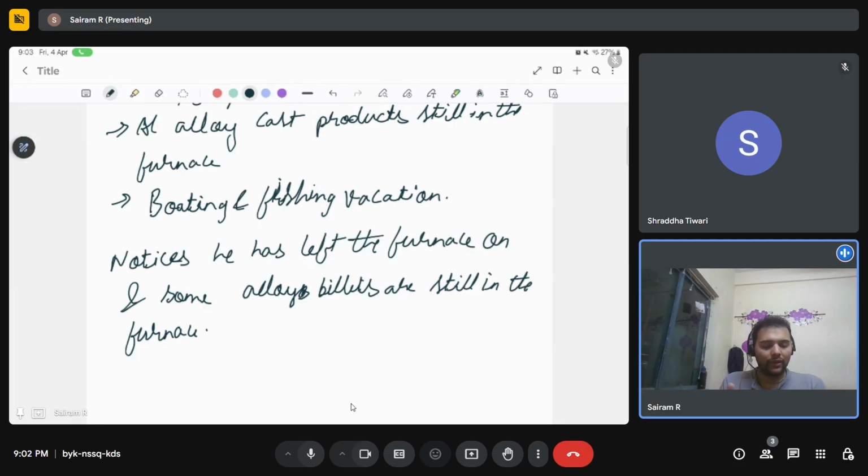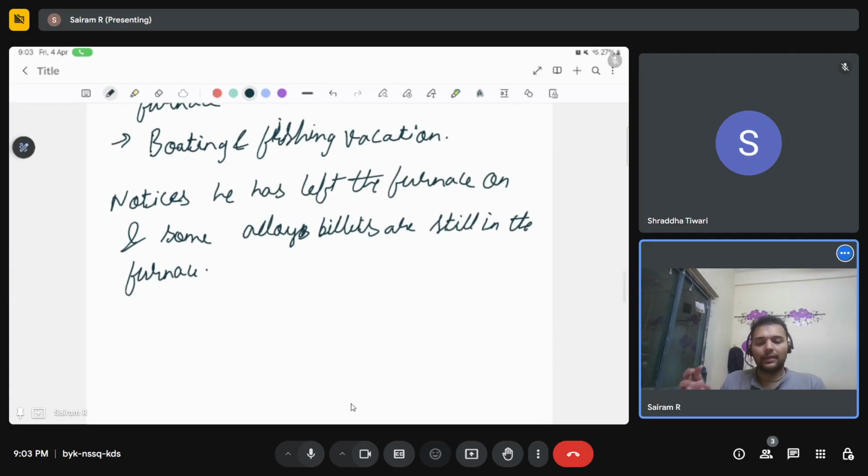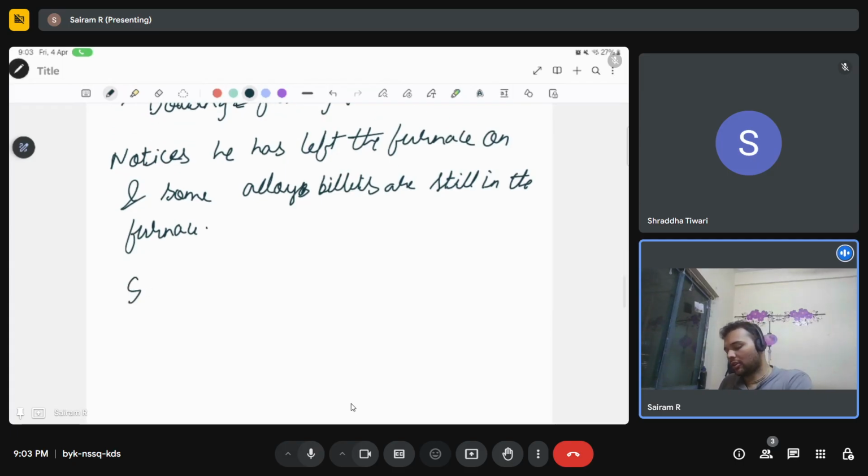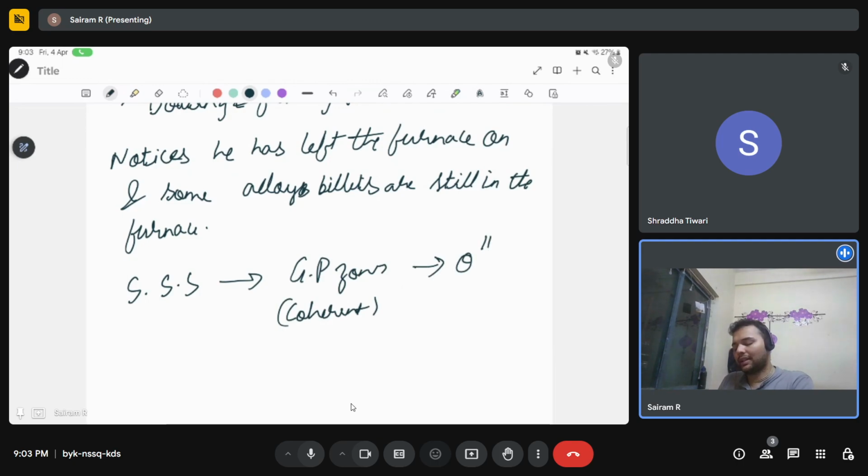Again, he does not do everything on his own. There are a lot of other scientists interested in these studies, and they come up with this sequence where initially it is solid solution strengthening, which transforms to GP zones, which are still coherent interfaces, and then it moves on to theta double prime precipitates.